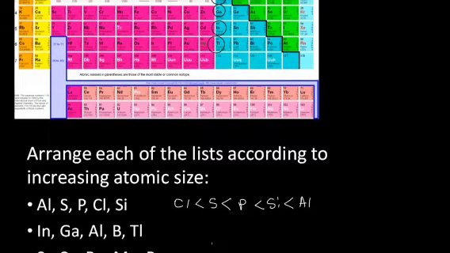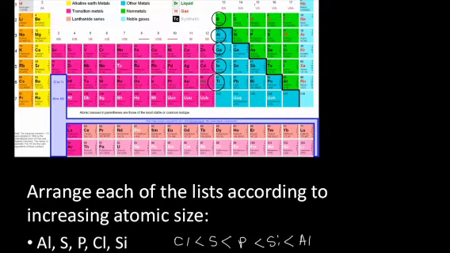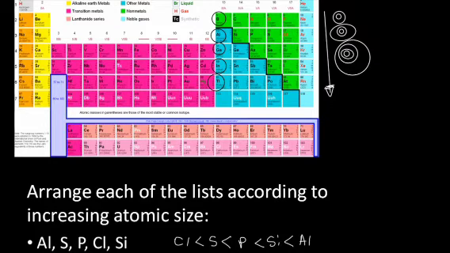So I was not given them in order, but when I circle them on the periodic table, or maybe you can use a highlighter, it's easy to see the trend. We know that according to the periodic trends of atomic size, as we move down the group, due to increasing energy levels, you therefore have increasing atomic size.